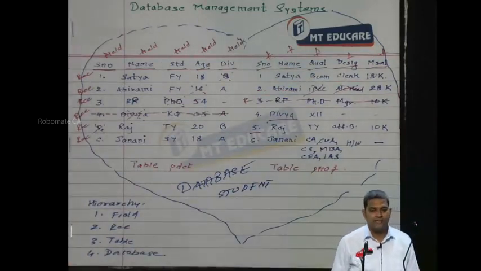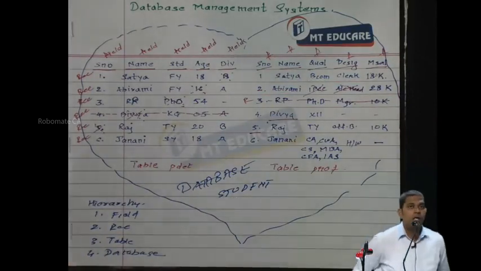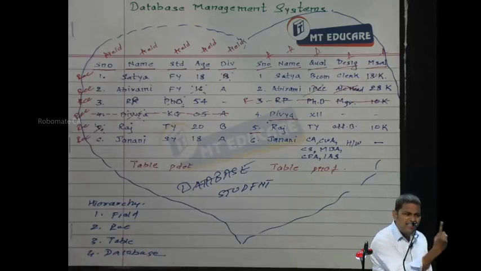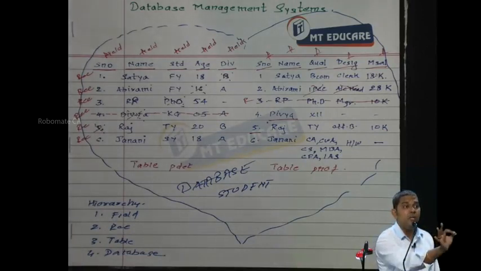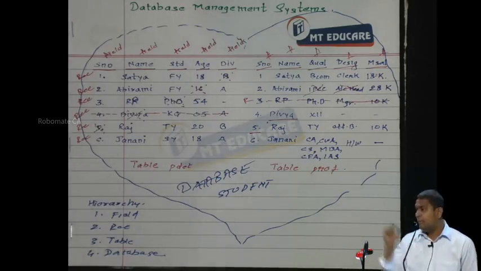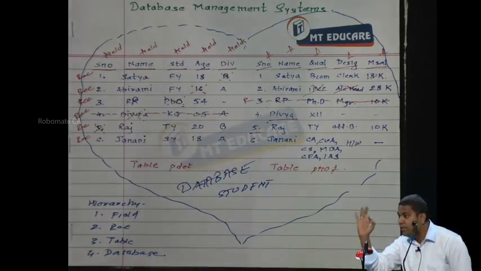Next one is called the primary key. A primary key is that one single field using which I will be able to describe an entity in a unique manner. I'll explain what this is.